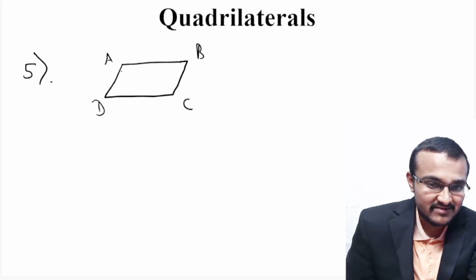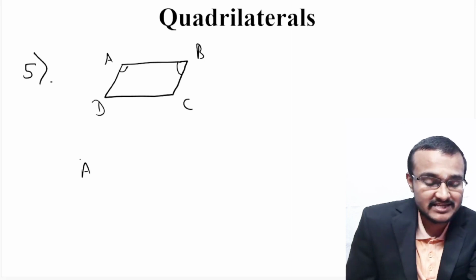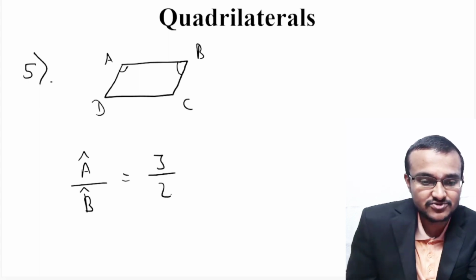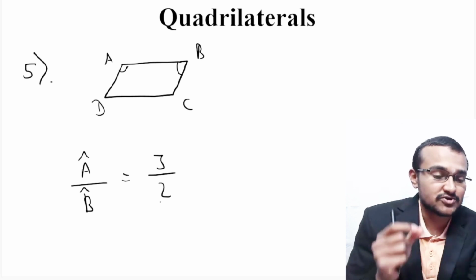So that means A and B act as adjacent angles of this parallelogram. If you divide A by B, then the ratio is 3:2. So that gives you 3/2 as your answer, like A by B is equal to 3/2.